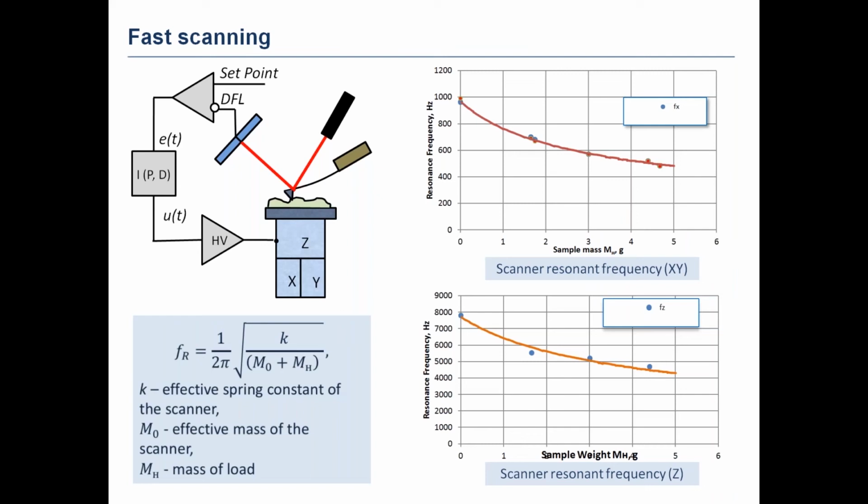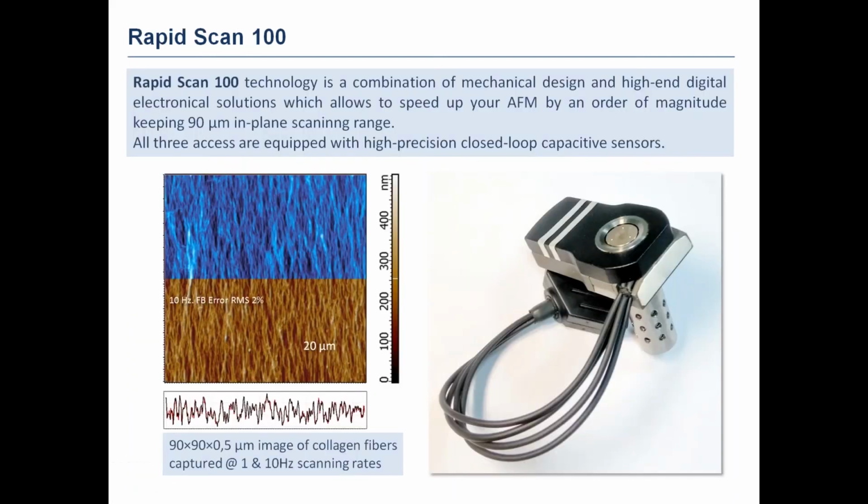We have been lucky enough to check the well-known formula from the school physics textbook about the dependence of the resonant frequency of a spring loaded with some mass, and this formula works perfectly, especially for scanner resonant frequencies in both XY and Z directions. The resonance in the XY direction is usually the limiting factor.